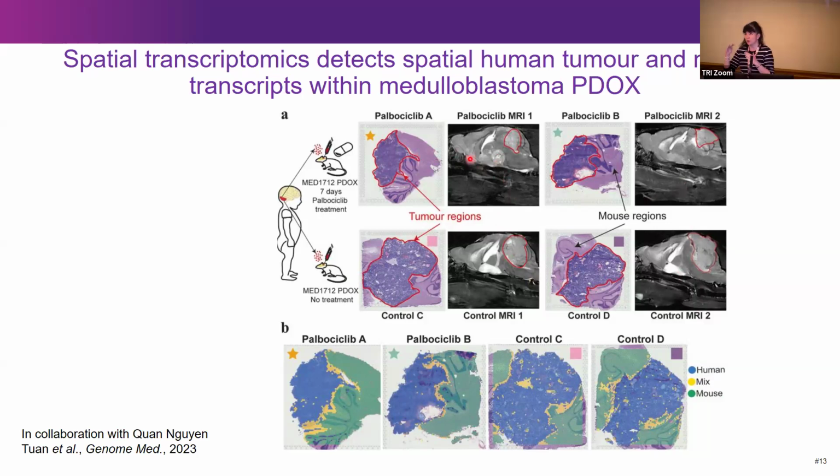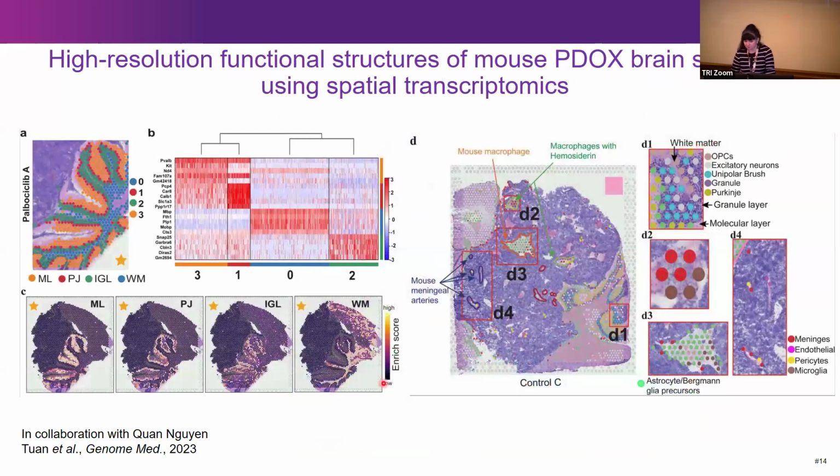We knew where we could predict where is the mouse tissue, where is the human PDX tissue, and then based on spatial transcriptomics, you can see that indeed where we expect to have human tissue, we can detect transcripts of human origin only, and then there is this yellow border between mixed mouse and human. And we were able to get a very nice resolution of the cells and identify different functional structures and cell clusters in our models.